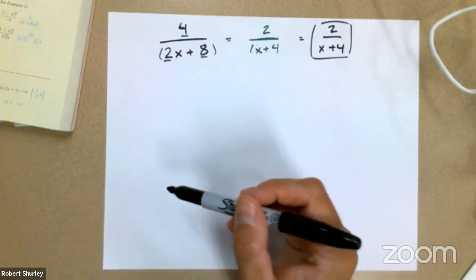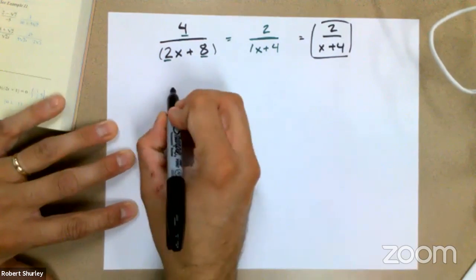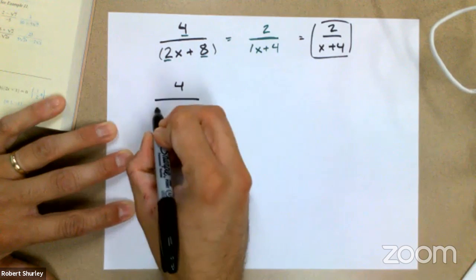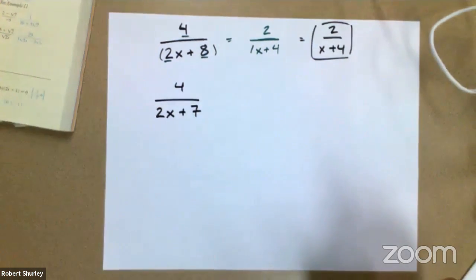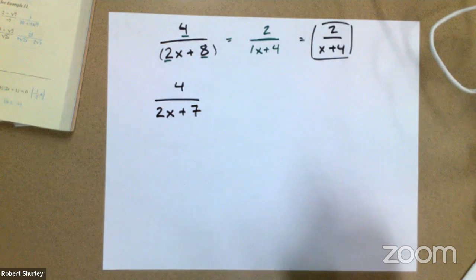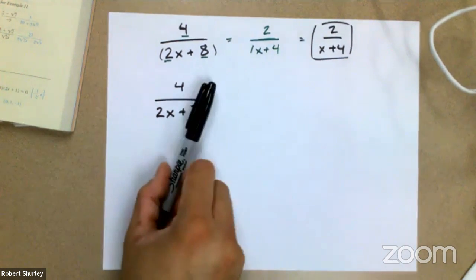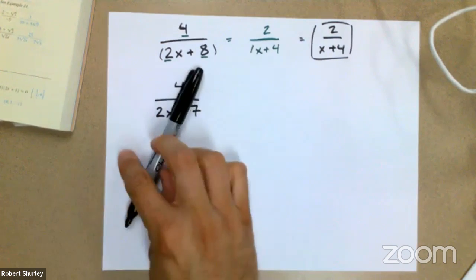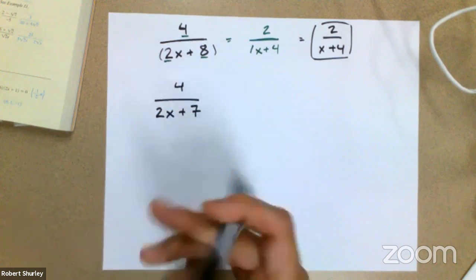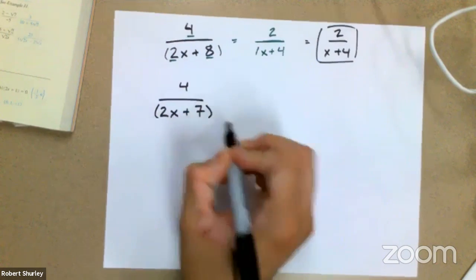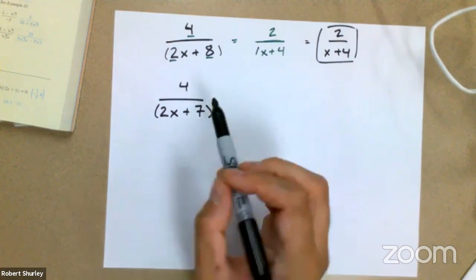So if we had another example, I'm just going to tweak this one. And let's say we got 4 over 2x plus 7. Now, I know your brain is thinking, hey, 4 and 2 simplify, right? But look, because there's 3 terms, there's 3 complete terms in here.